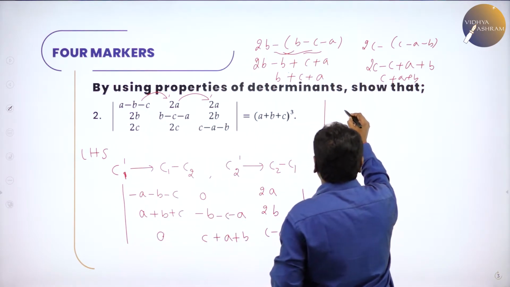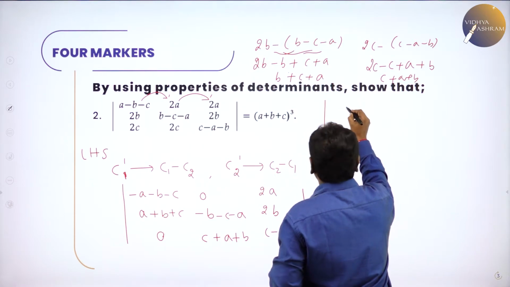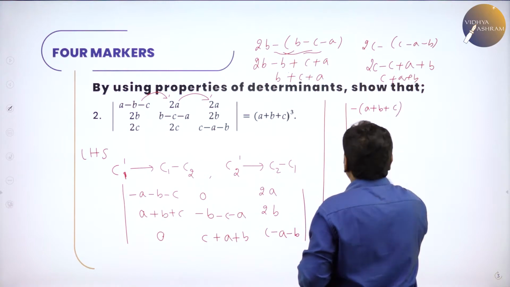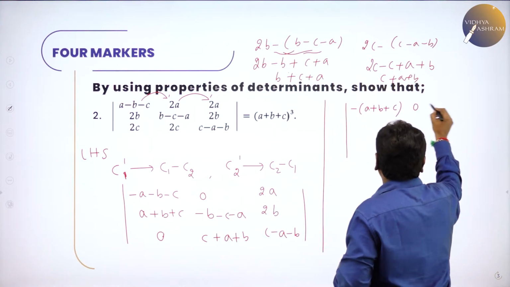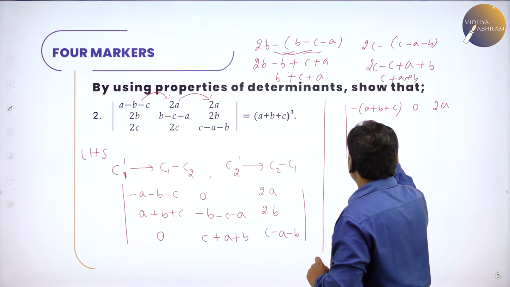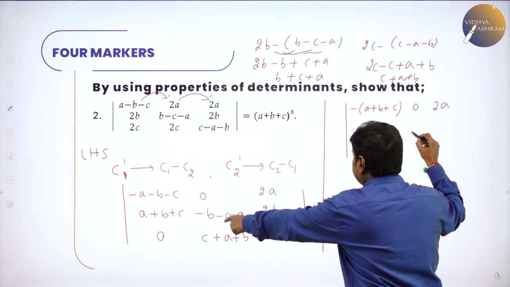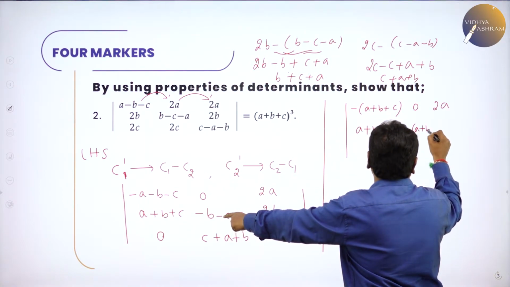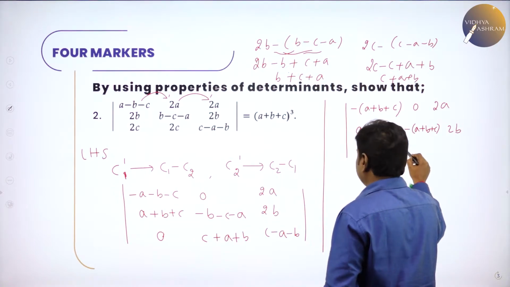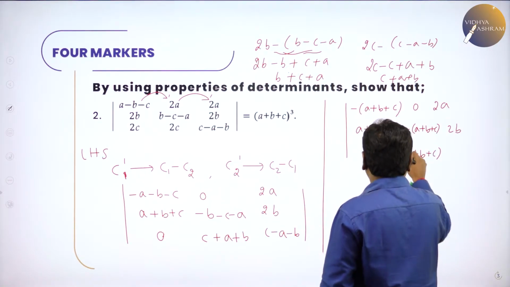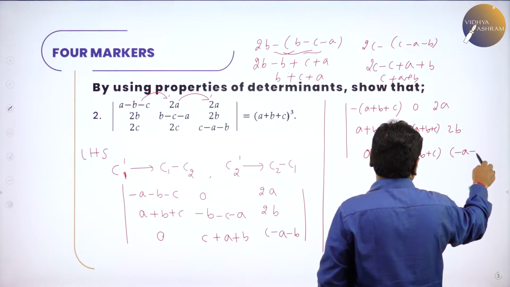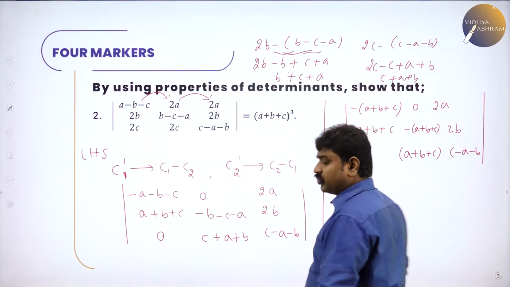If I take minus common, it will become a plus b plus c, first row first element 0, then 2a, and the second element is a plus b plus c. Then in this again I'll take minus common, so I'll get minus a plus b plus c, then 2b. Then the last element 0, here I have a plus b plus c, and the last element is c minus a minus b. Last column we have not disturbed, let it be. I hope all of you understood what we have done here.